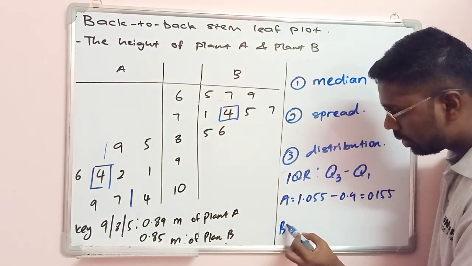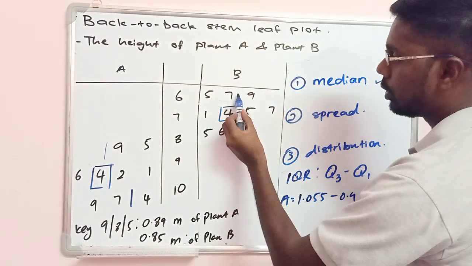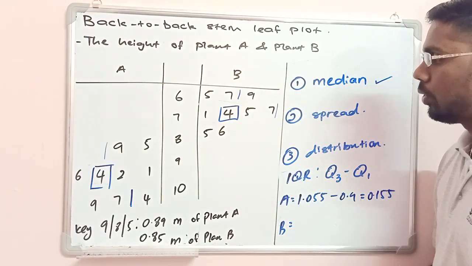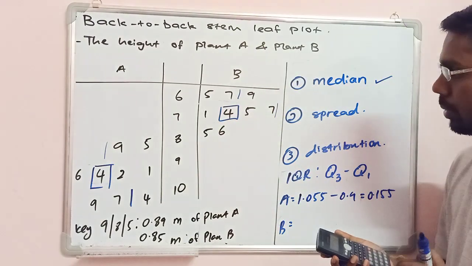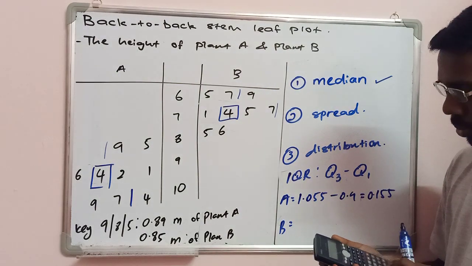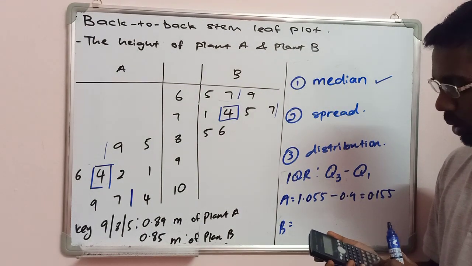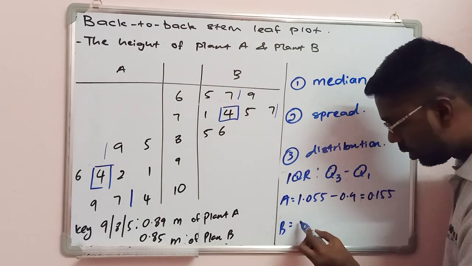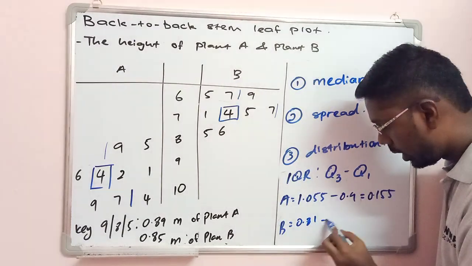And for B, the first quartile is going to be here and the third quartile is going to be here. So for the third quartile it is 0.77 plus 0.81, minus the first quartile.